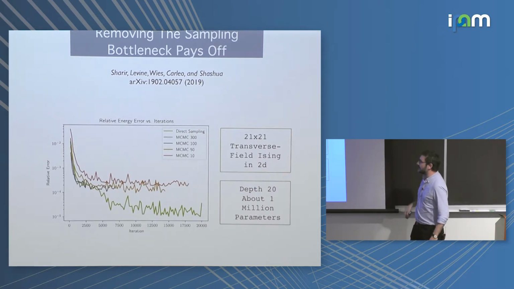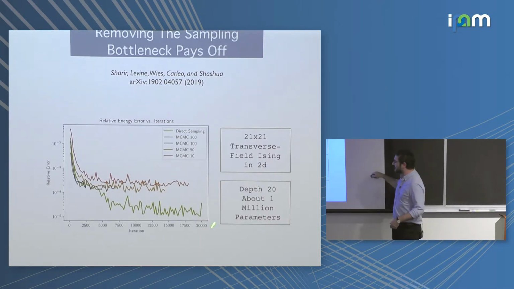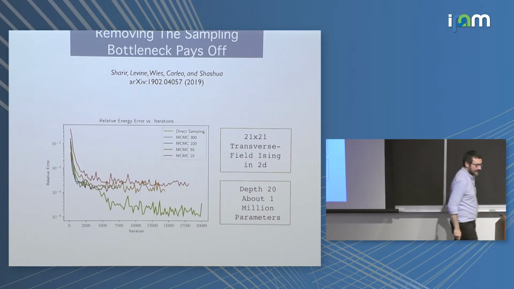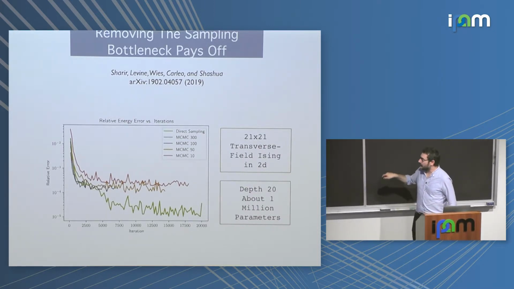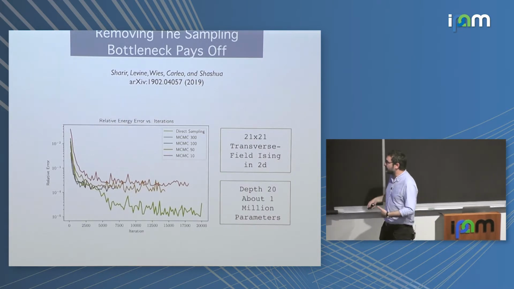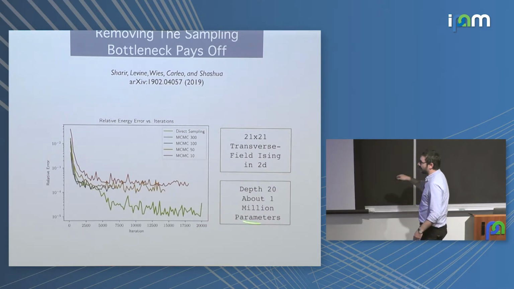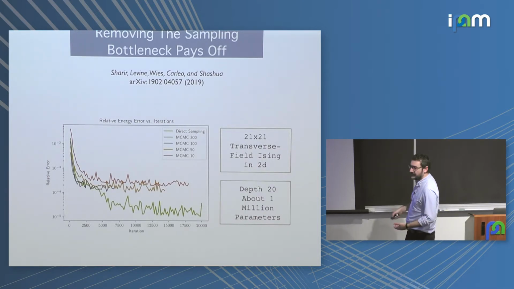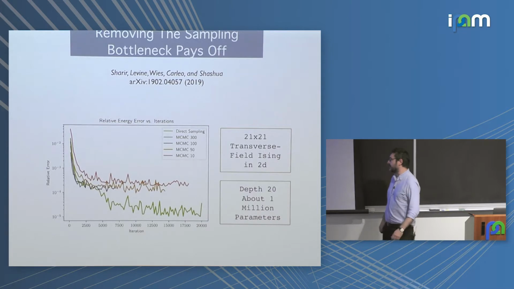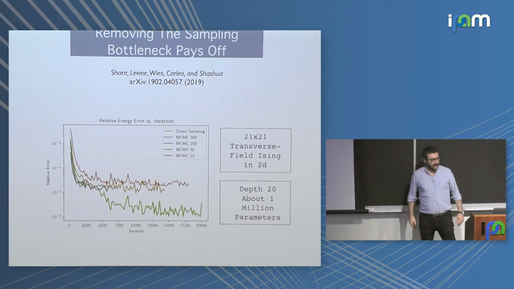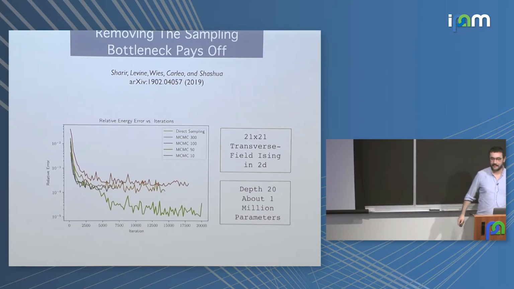Instead, with a direct sampling approach, the quality of the final energy that you get is much better than what you get with standard Markov chain Monte Carlo. And we are really entering the region where we are starting to use networks that are closer to the state of the art in terms of number of parameters and depth. Okay, are there questions up to this point?